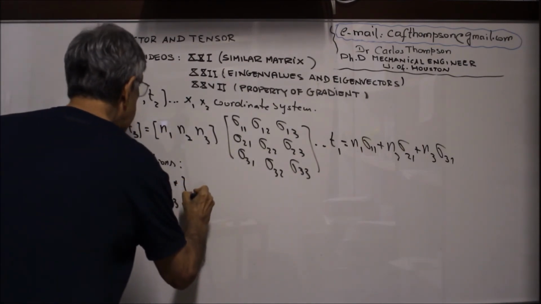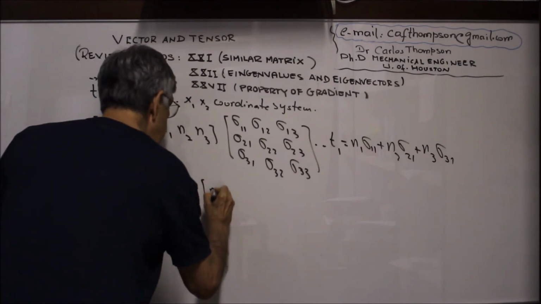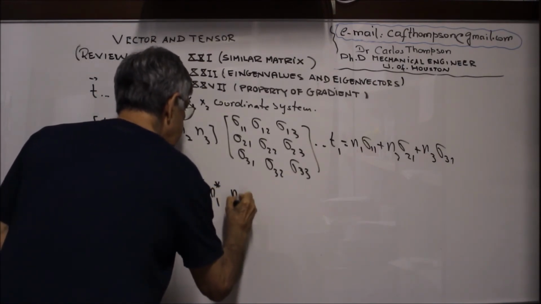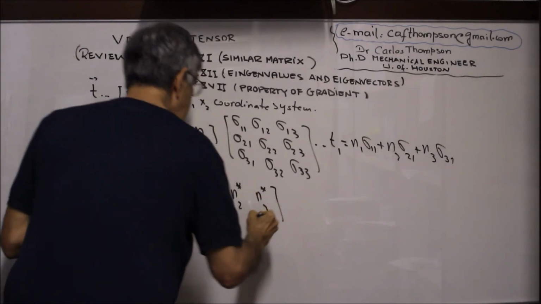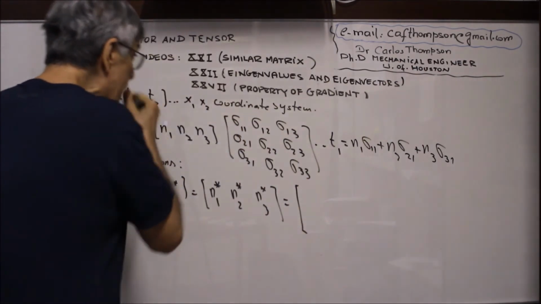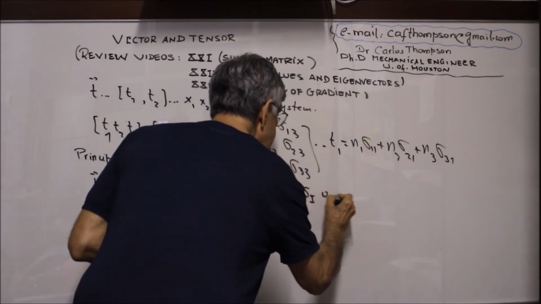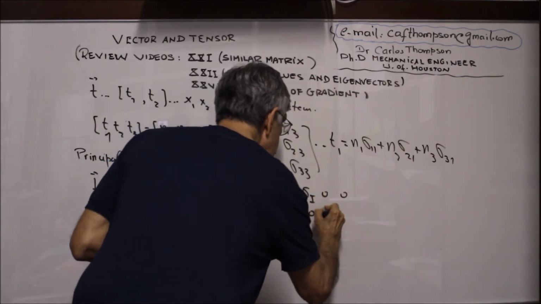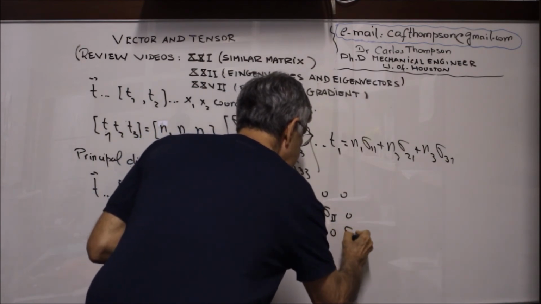Now, look how interesting, this is equal to N1 asterisk, N2 asterisk, and N3 asterisk. And the matrix will be simpler because here is sigma 1, 0, 0, 0, sigma 2, 0, 0, 0, sigma 3.